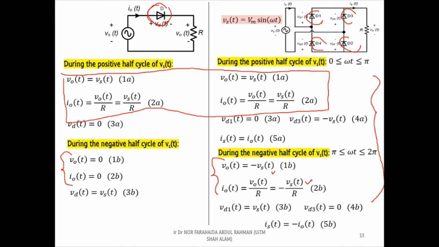However, the equations show that the polarity of these parameters are in opposite to the polarity of the supply voltage waveform. While keeping this concept in mind, we will start to sketch voltage and current waveforms of the rectifier.